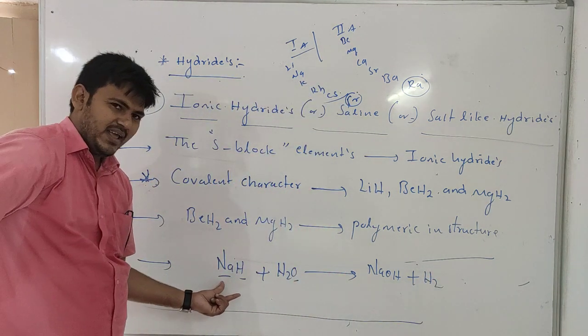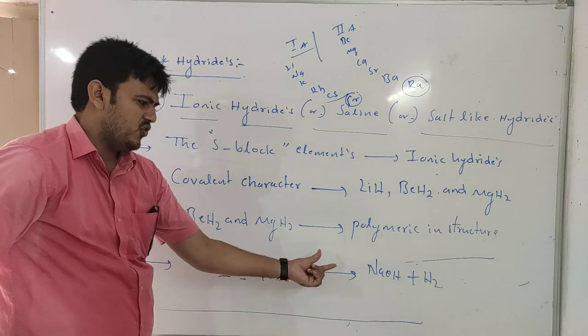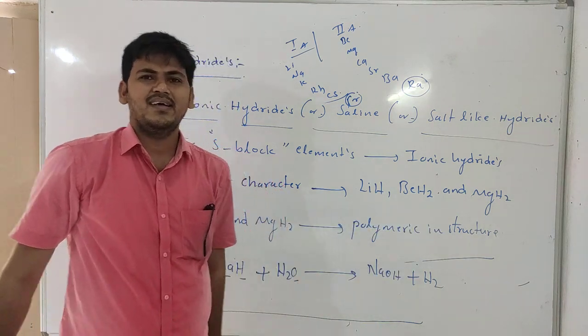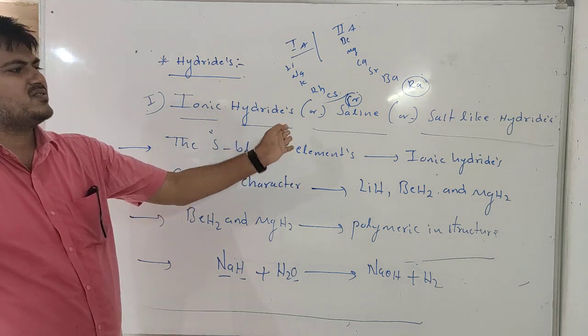So ionic hydrides like sodium hydride dissolve in water to form basic solution like sodium hydroxide solution and hydrogen gas. So this is ionic hydrides, saline hydrides, or salt-like hydrides.